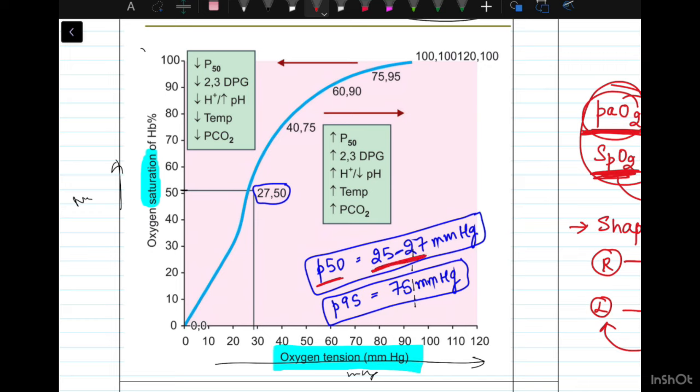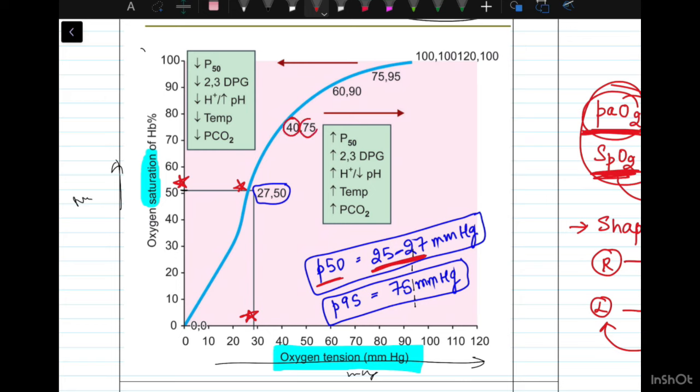The P50 value is 25 to 27. You can see that this point corresponds to this 50. So at a partial pressure of 25 to 27, 50% of the hemoglobin will be saturated with oxygen, and after this point onwards it goes like this.